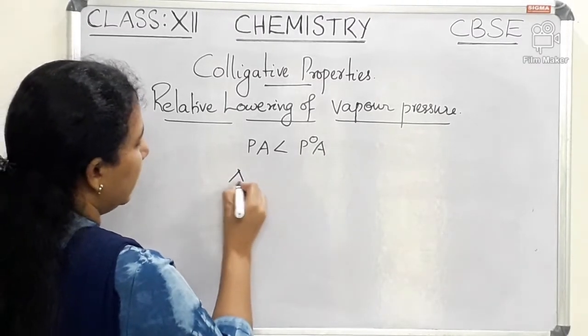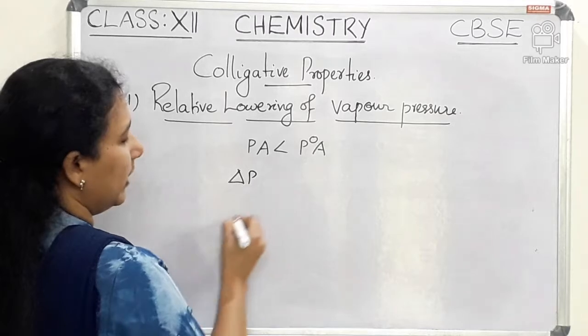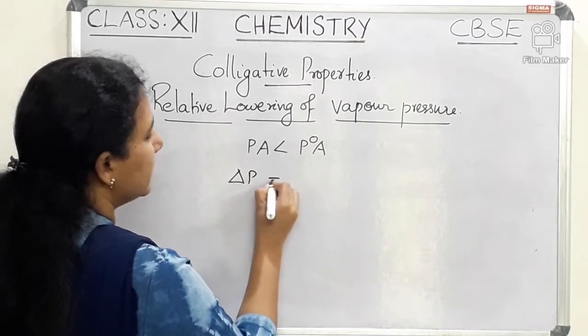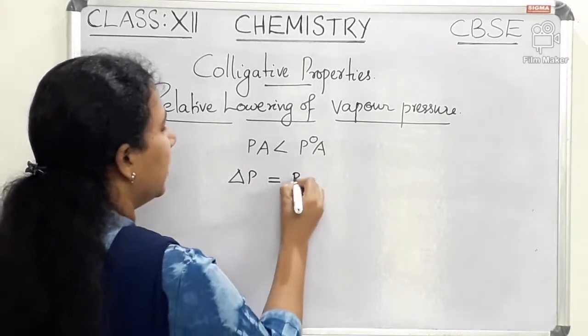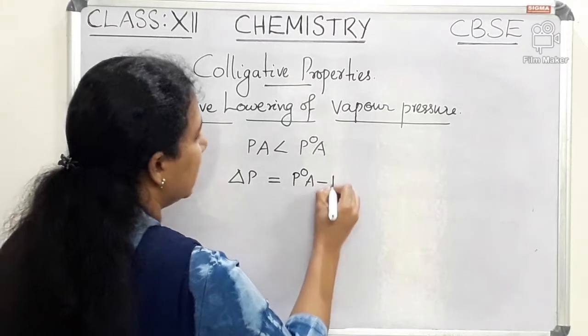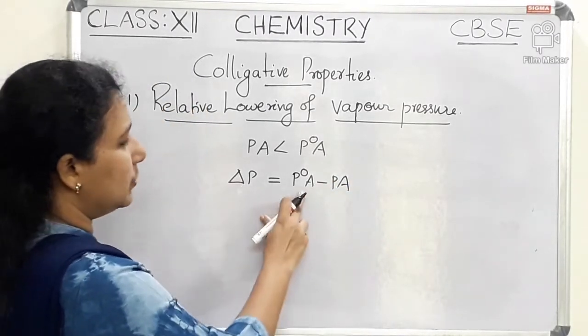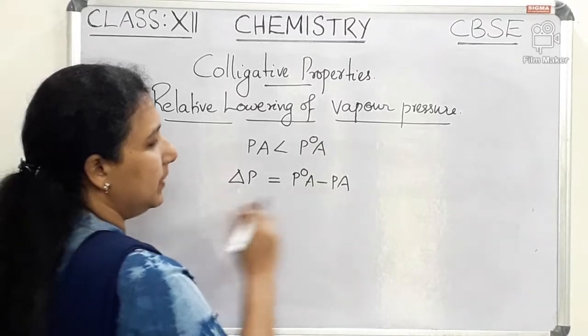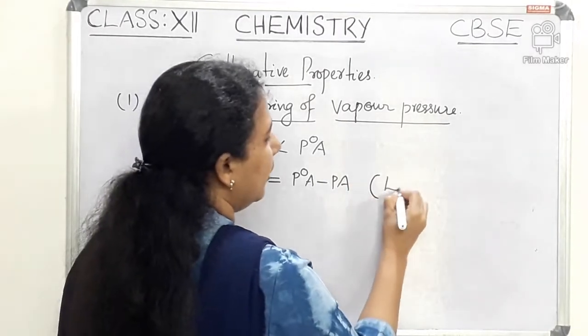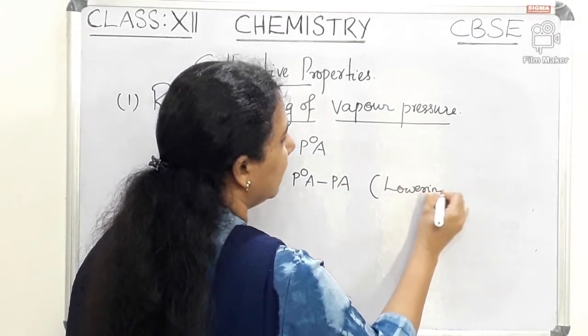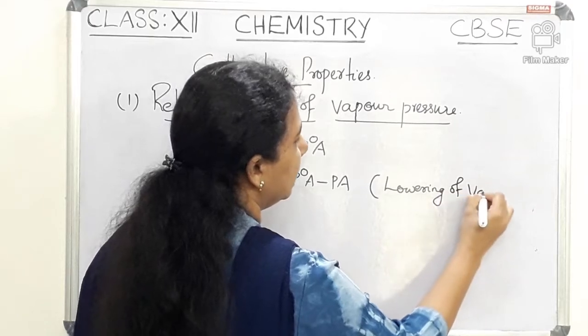So we can say there is a difference in vapor pressure that is represented by delta P, which is equal to P0A minus PA. So delta P is equal to P0A minus PA, and that is called lowering of vapor pressure.